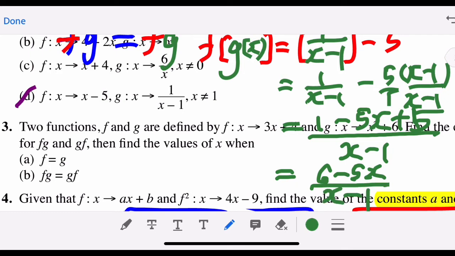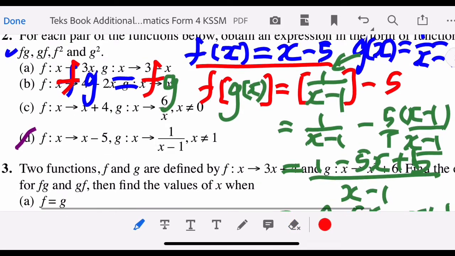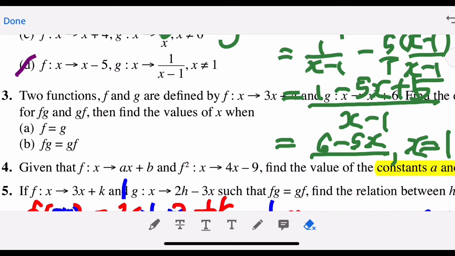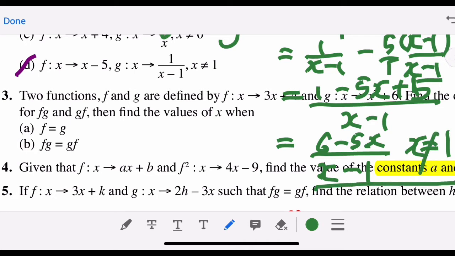Alright, so the denominator x minus 1 equal to 0, x is 1. So that means x cannot be equal to 1. Okay, understand? So this is about the fg. Okay, it involves fraction. So your final answer is 6 minus 5x over x minus 1, and x cannot be equal to 1. This is the answer for fg.